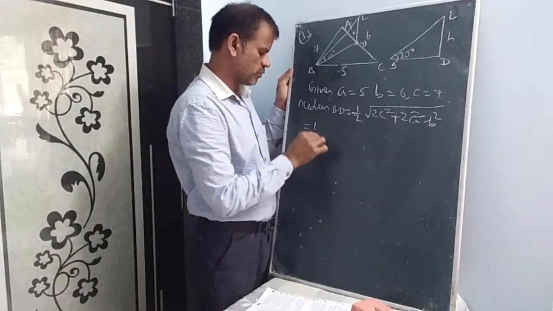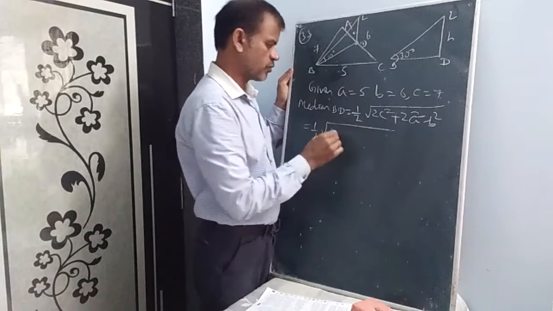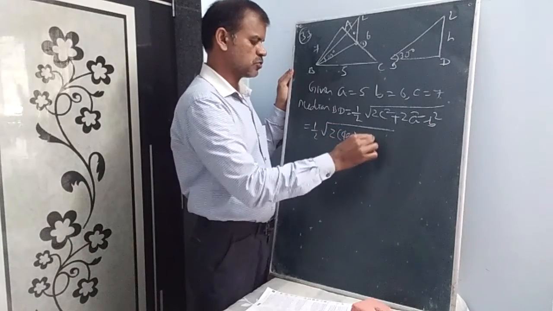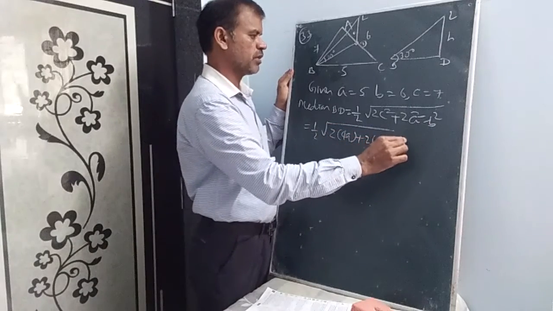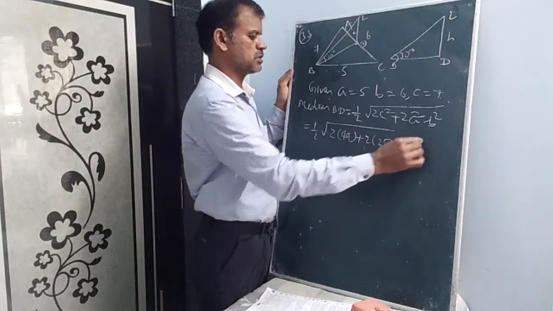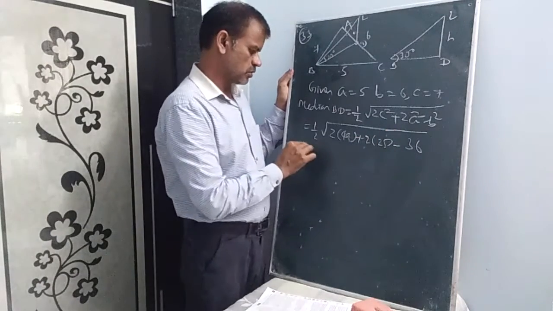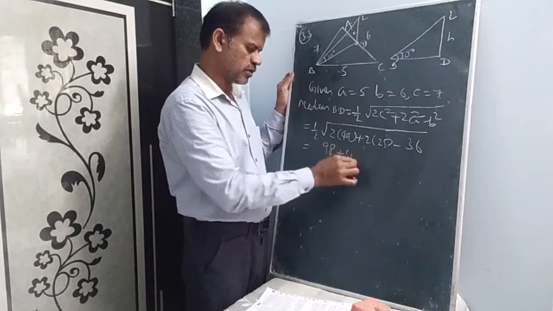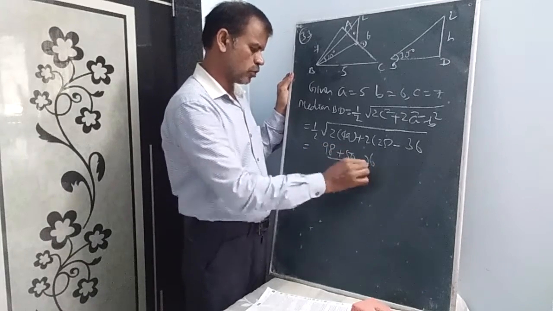So that is 1 by 2 into square root of 2 into c square, here 7 square, 49, plus 2 into 5 square, 25, minus b square, 36. So now 2 into 49 is 98, 98 plus 50 minus 36, whole by 2, over root.